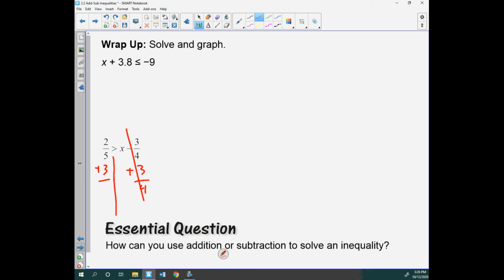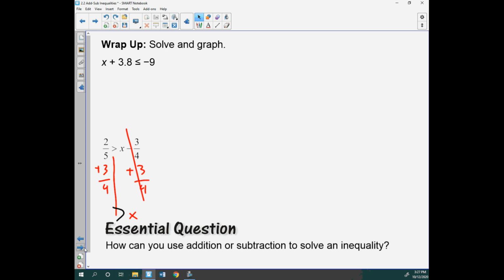So if I do that same thing to both sides, I'm going to have x, I'm going to have that sign, and I'm just going to have to type in on my calculator 2/5 plus 3/4. And what do you know that we get? I got 23/20.